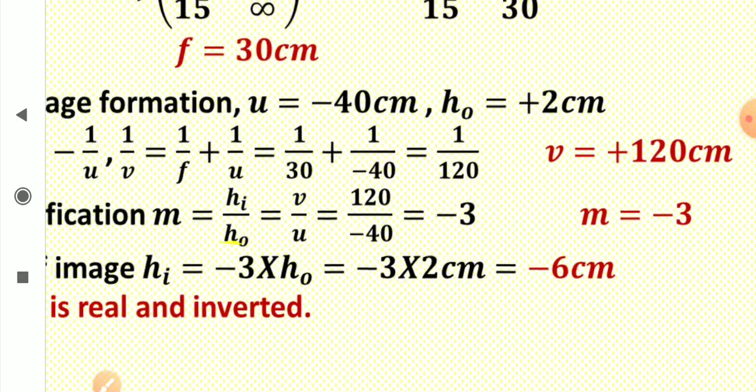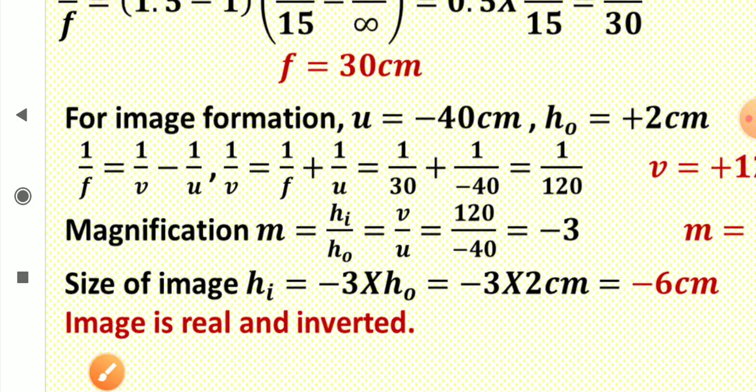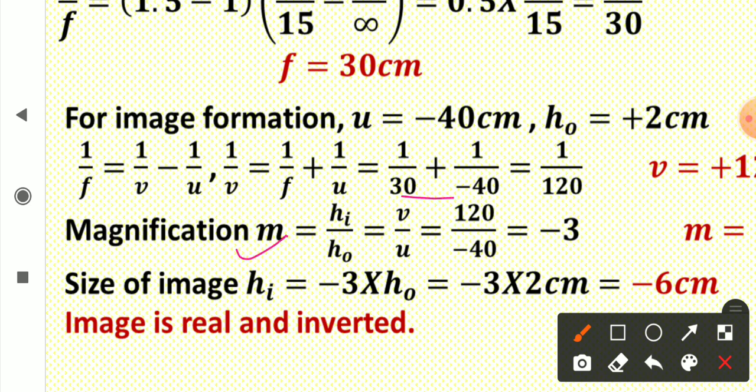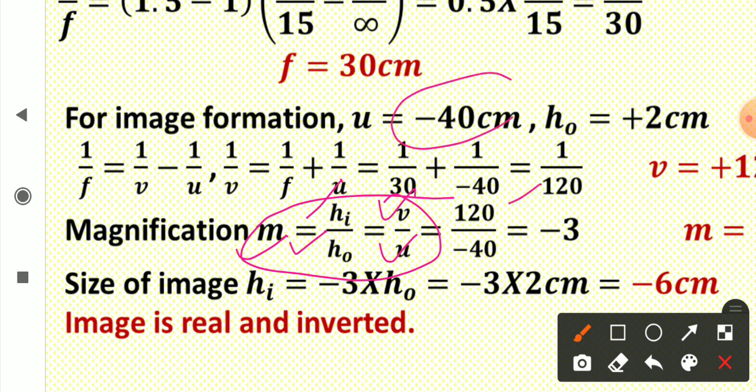Now let us look at the magnification. Magnification m is the height of the image upon the height of the object, and it is also equal to v/u. Put in the values: v is plus 120 and u is minus 40, so this equals minus 3.